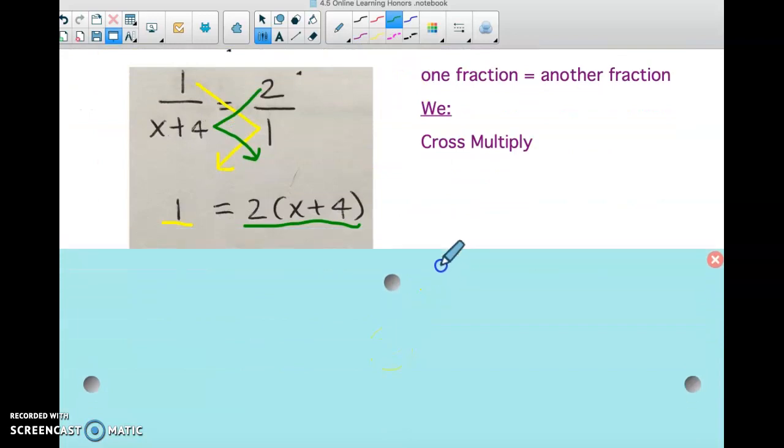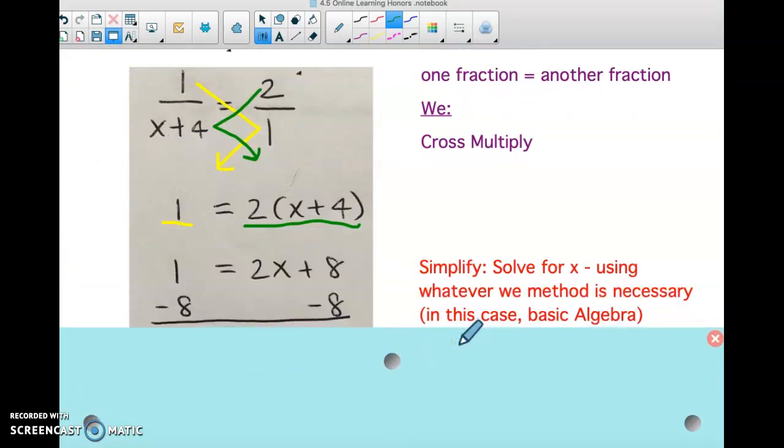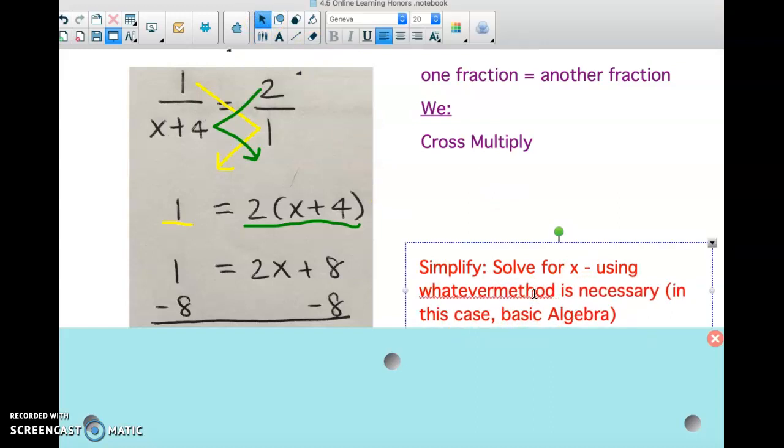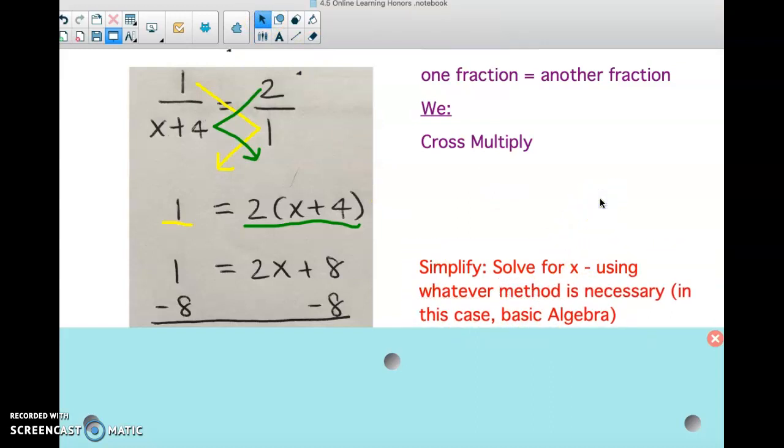Basically, once we get it like an equation, we need to solve for x using whatever method is necessary. In this case, it's just basic algebra, right? So I'm going to distribute this 2. Distribute the 2. So I'll get 1 equals 2x plus 8.